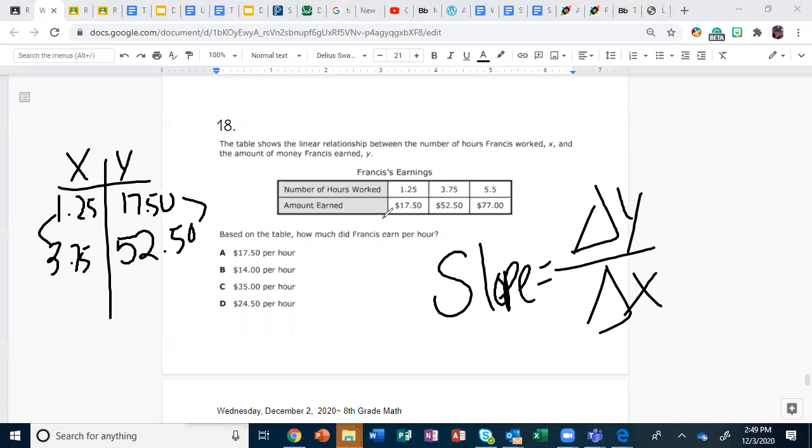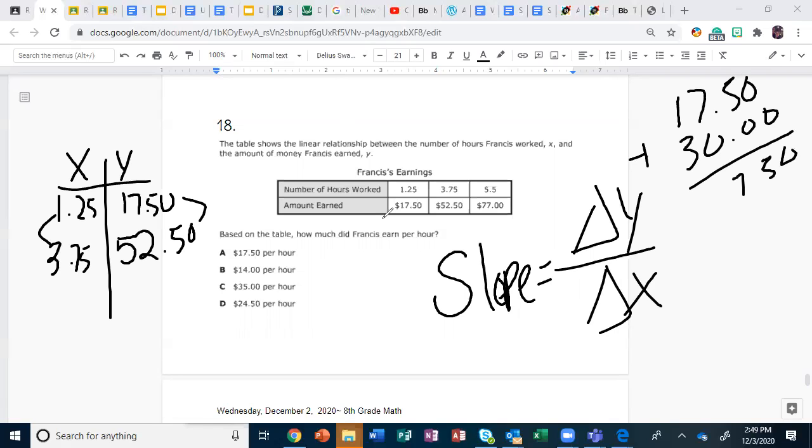What is it? 35? Let's see. 17.50 plus 30. So it's 50 cents. And then it's 7. And that's 47.50. So it's not 30. It's 35. Let's check.